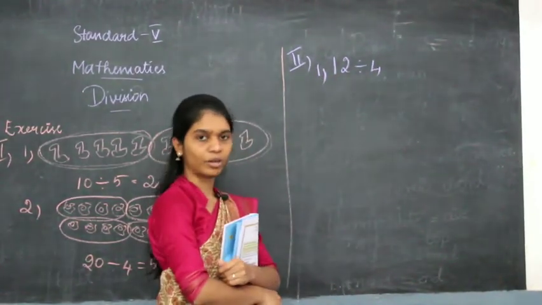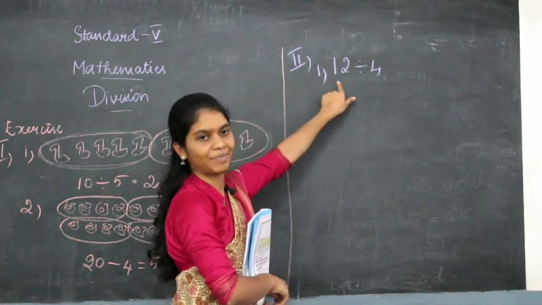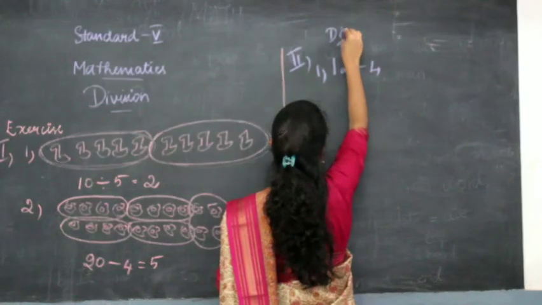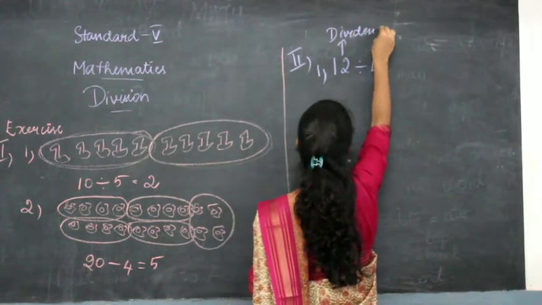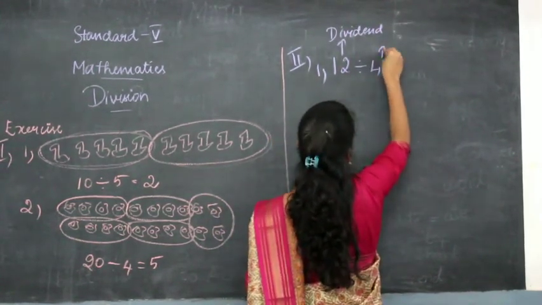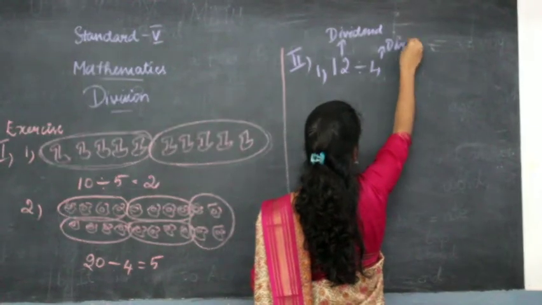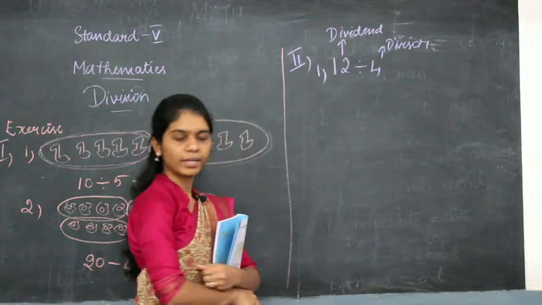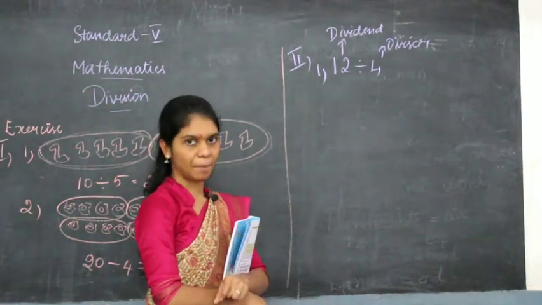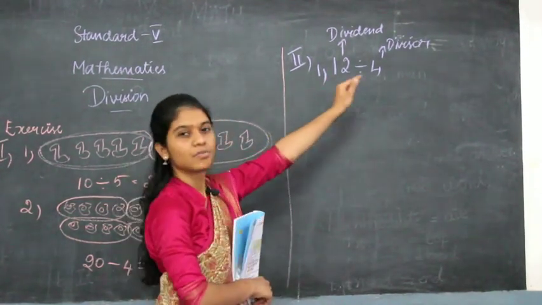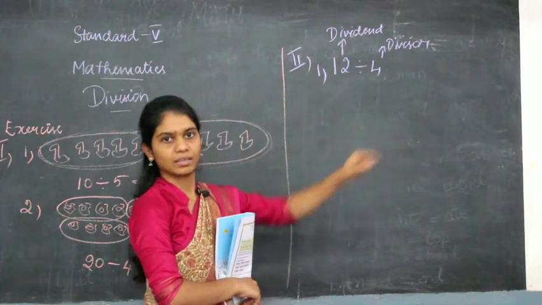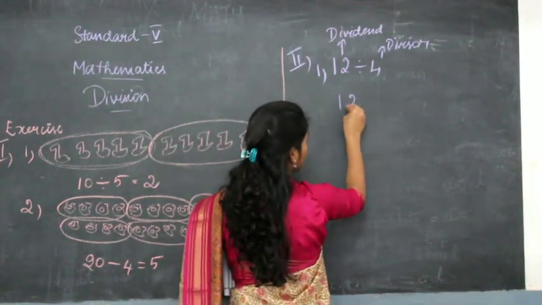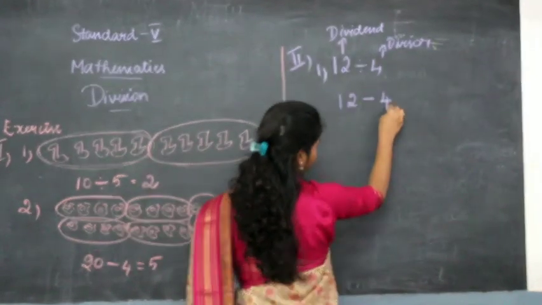In this, the first number is the dividend and the second number is the divisor. You have to subtract the divisor from the dividend. So first you should subtract 4 from 12.